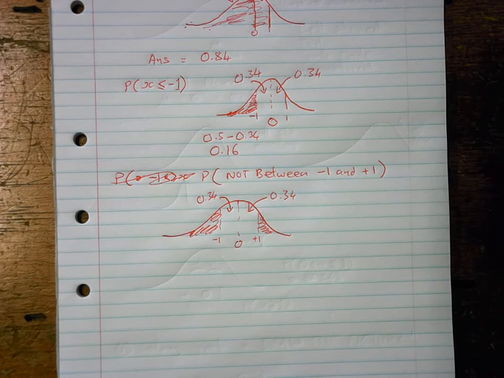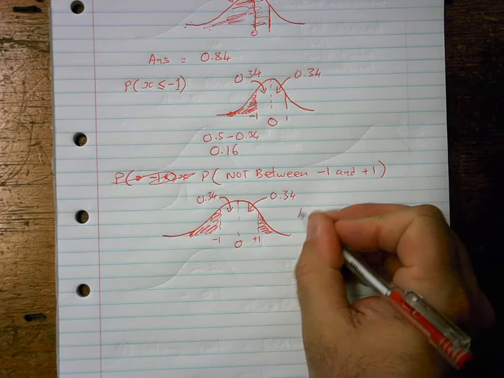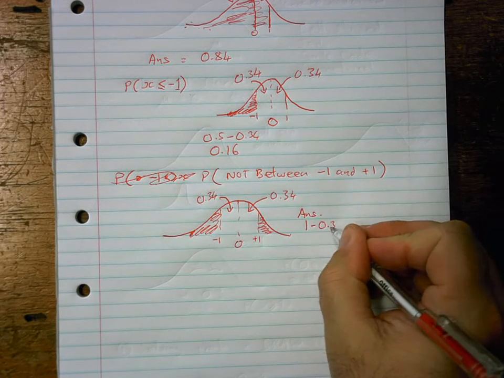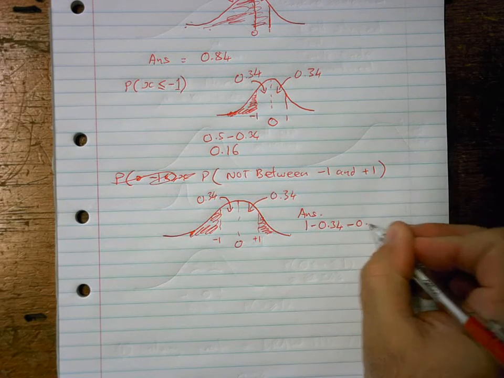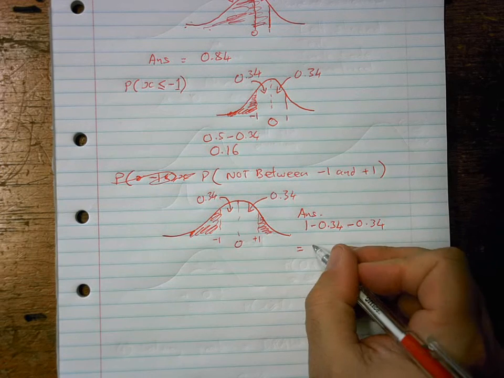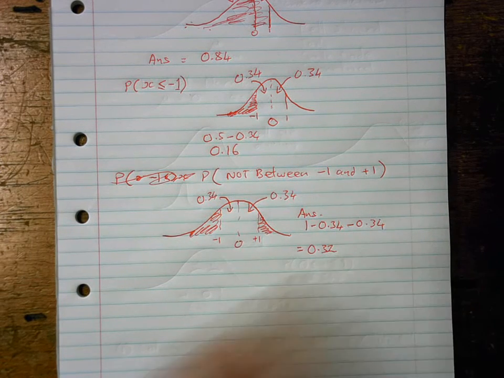So therefore, the answer to my question is 1, take away 0.34, take away another 0.34, which is obviously 0.32. You can use your calculator, it's fine. Okay? And that's the introduction to the concept of the normal distribution solution.